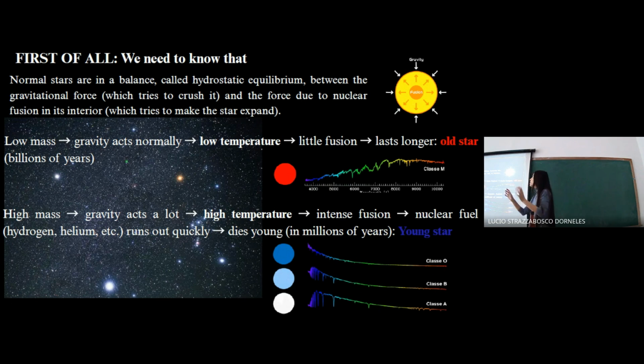And so its nuclear fuel, its hydrogen, runs out quickly. And so this kind of star will die young. A young star to us here is millions of years.